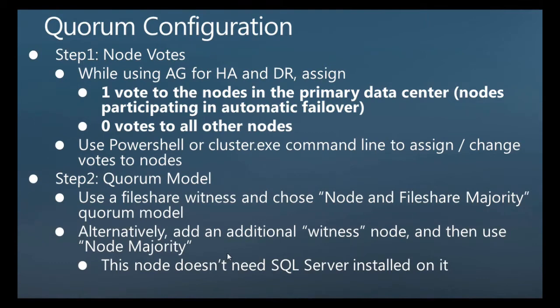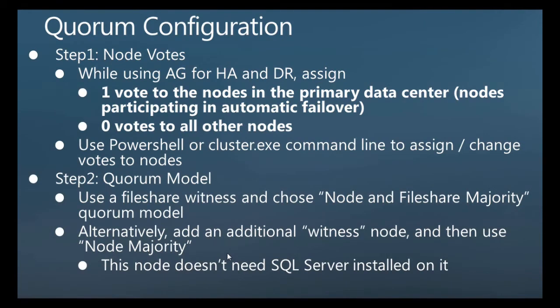All of these replicas should get one vote, and a 0 vote to all other nodes. There's no way you can configure the votes from SQL Server or any GUI. You have to configure this using PowerShell or the cluster.exe command line to assign or change the votes to every node.